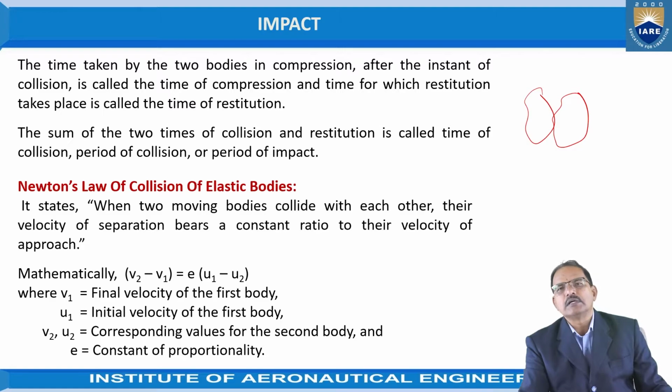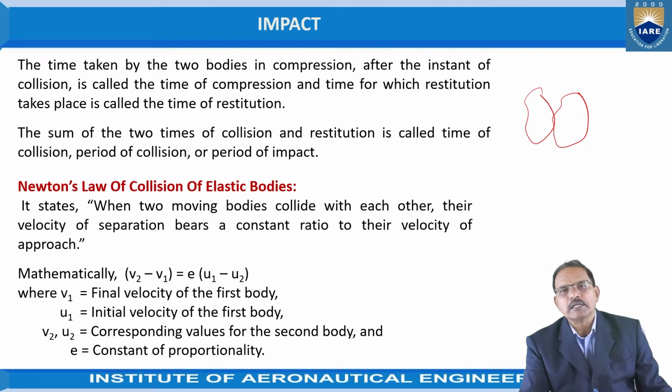Newton's law of collision of elastic bodies states that when two moving bodies collide with each other, the velocity of separation bears a constant ratio with the velocity of approach.